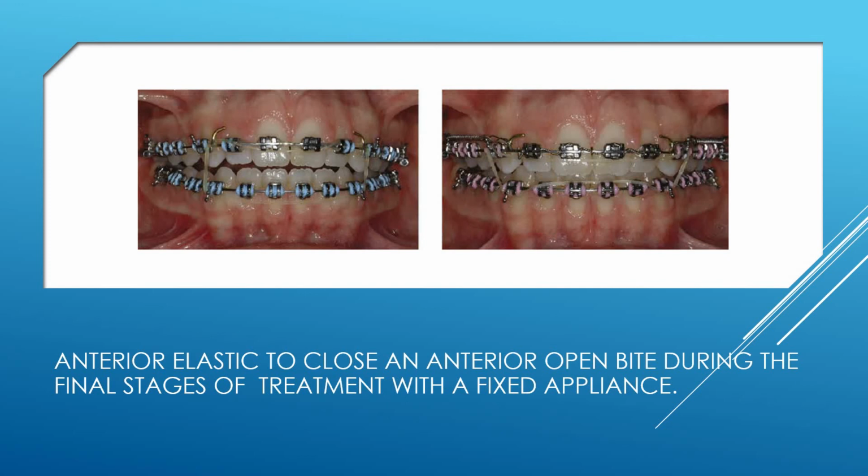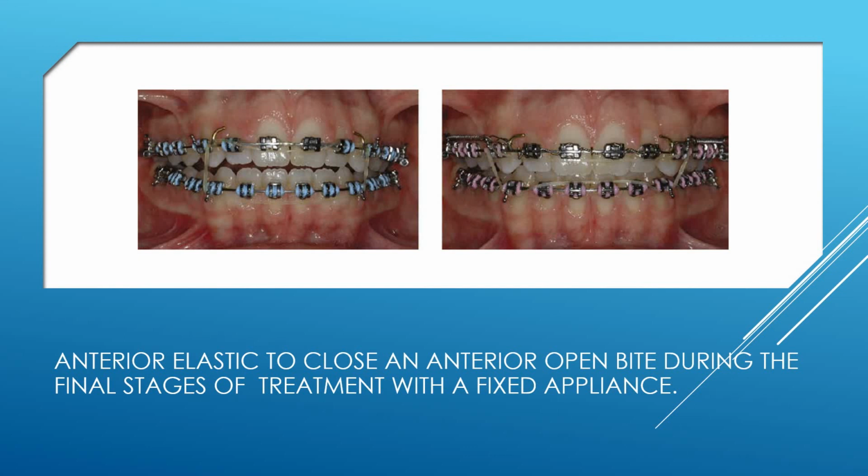And there are essentially three ways that a skeletal open bite can be treated. Extrusion of the labial segments and anterior bite occurs when the labial dentition is at the limits of its eruptive potential.